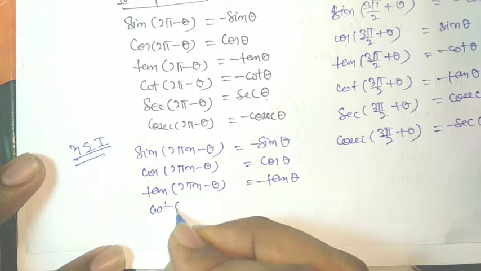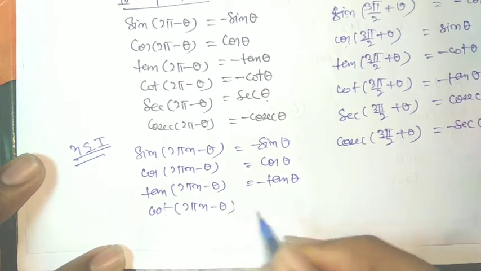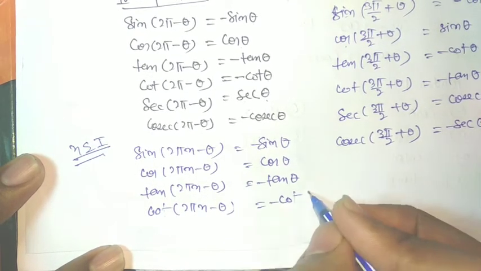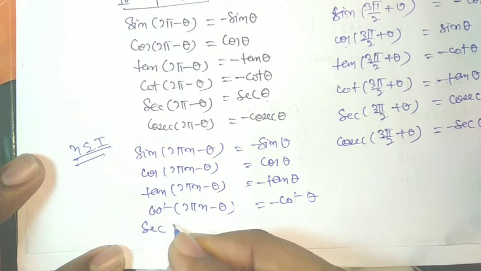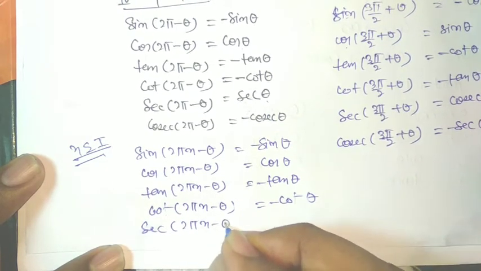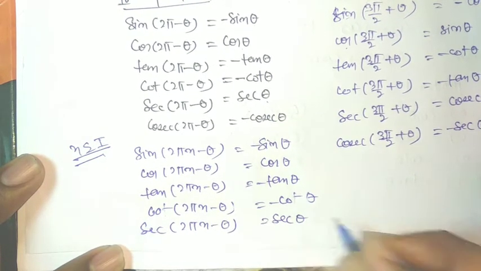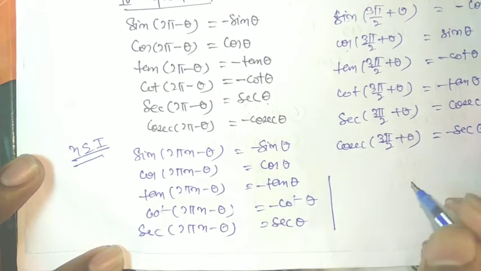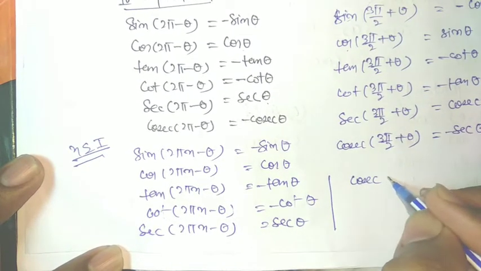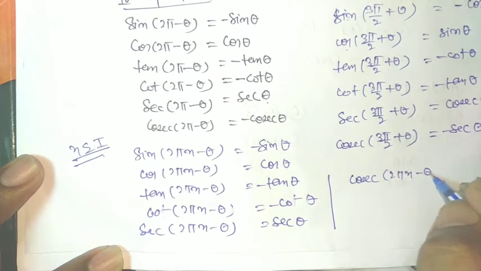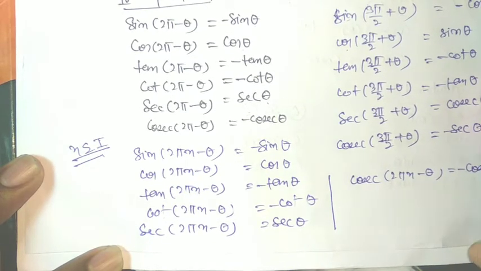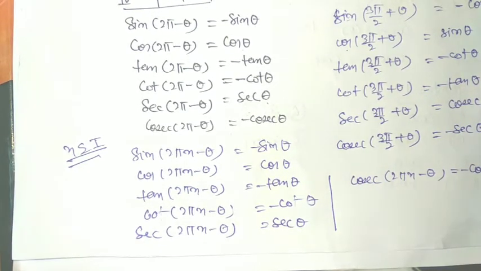Cot 2 pi n minus theta will be minus cot theta. Sec 2 pi n minus theta will be sec theta, and cosec 2 pi n minus theta will be minus cosec theta. This is the general formula for all the angles in multiple of 2 pi.